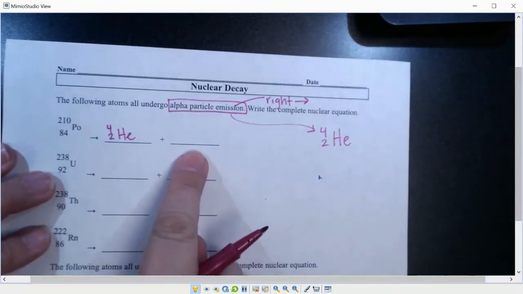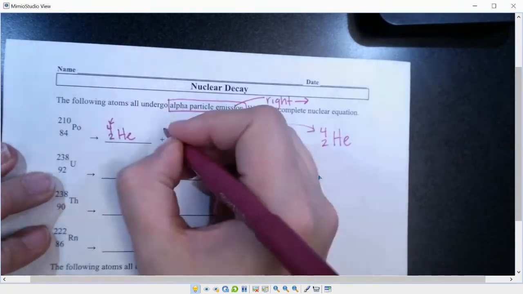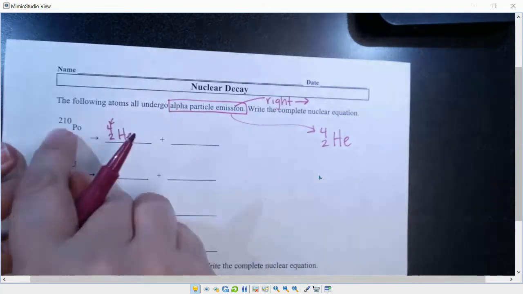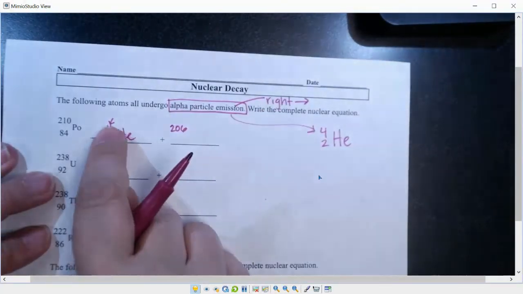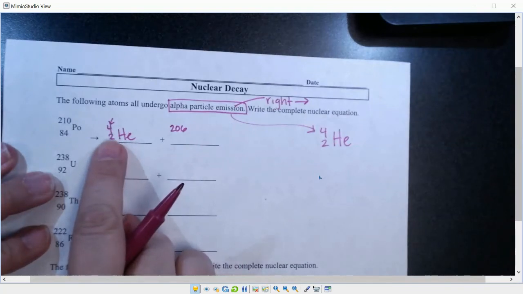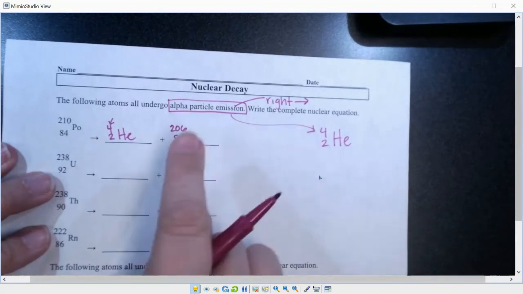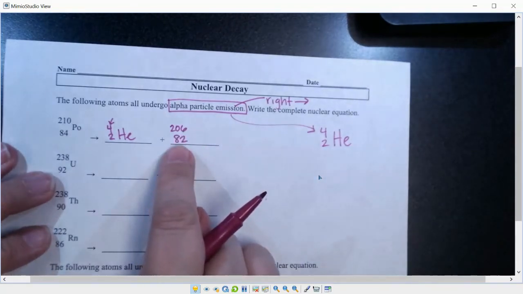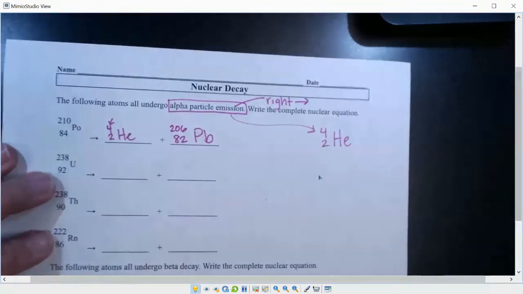And now we've got to figure out what goes in the blank. So 4 plus some number has to add up to 210. 4 plus 206 equals 210. And I do the same thing with the bottom. 2 plus what equals 84. So 82. And then I check the periodic table and I find that element 82 is Pb. That is alpha particle emission.